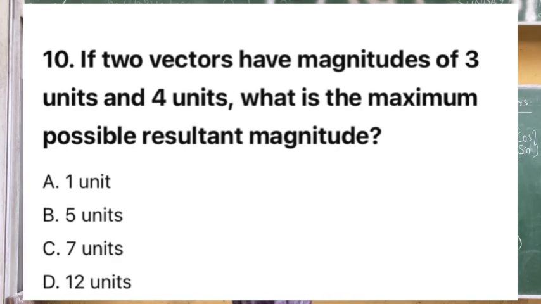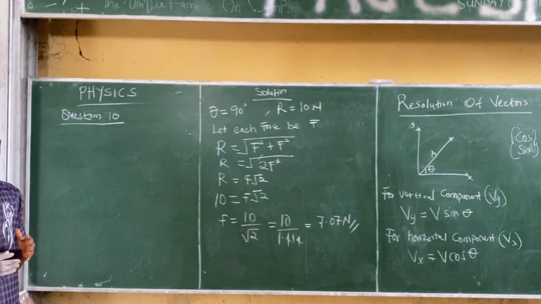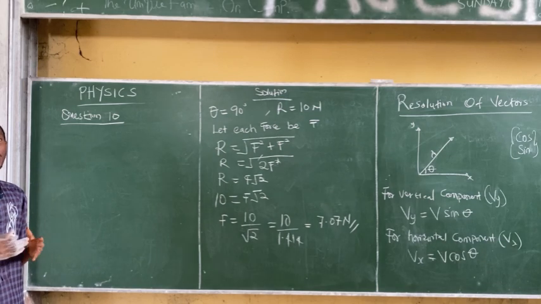Now, recall that the maximum resultant occurs when the vectors are in the same direction. The angle between the vectors has 3 special cases.